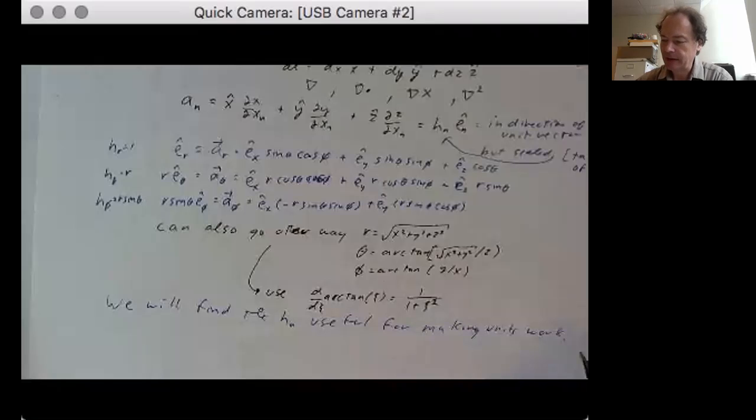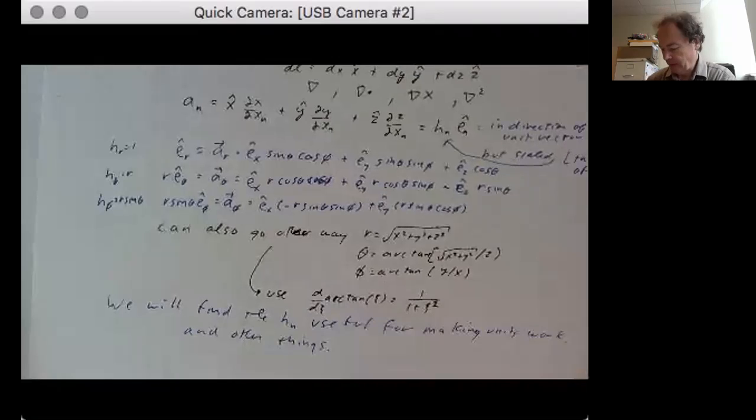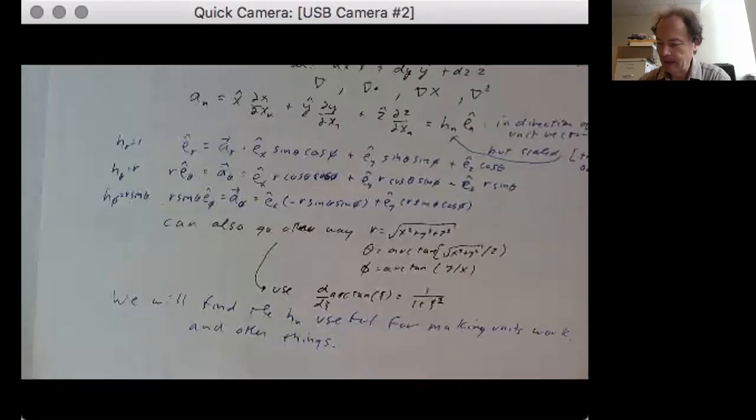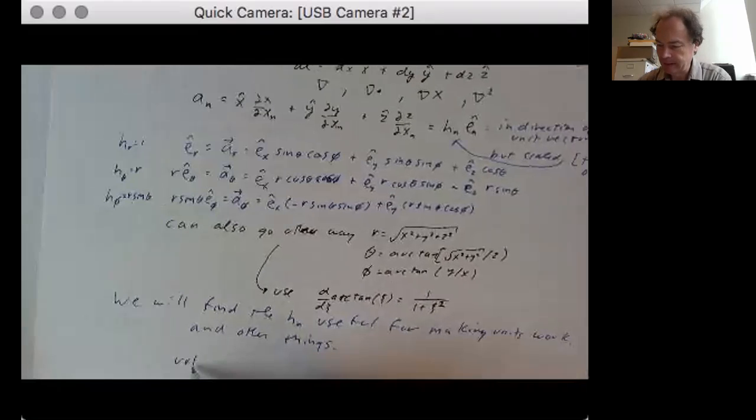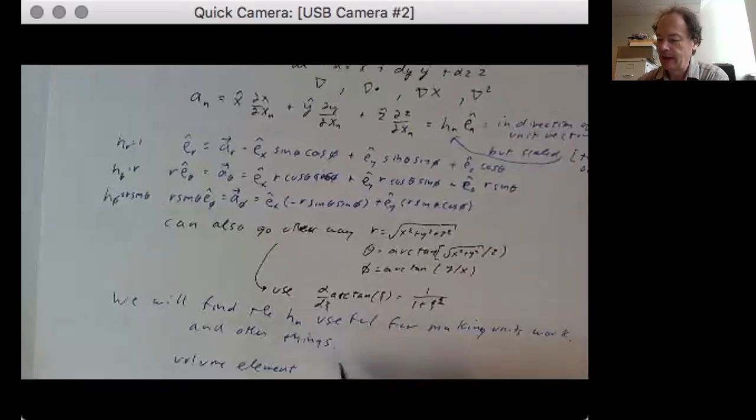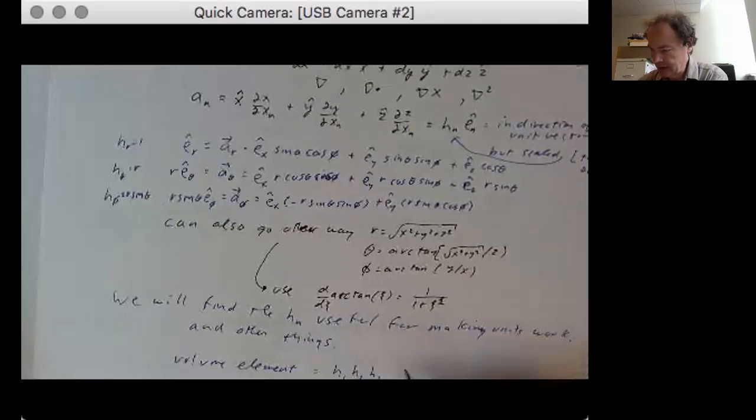And other things. For example, the volume element is equal to h1, h2, h3 times dx1, dx2, dx3.